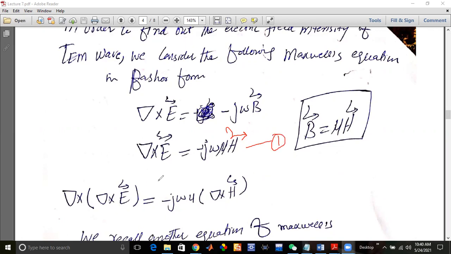If we take the curl of equation 1 on both sides, then the curl of the curl of E is equal to minus j omega mu, which is a constant, times the curl of H. You know this from another Maxwell equation, which we have derived earlier.